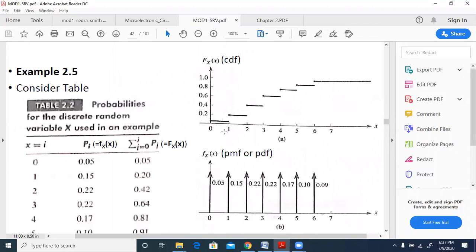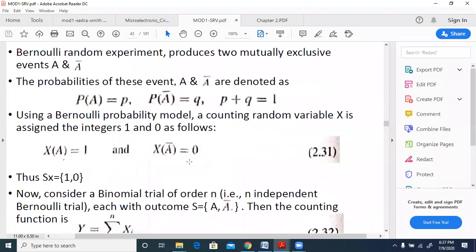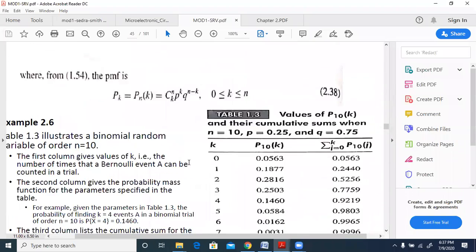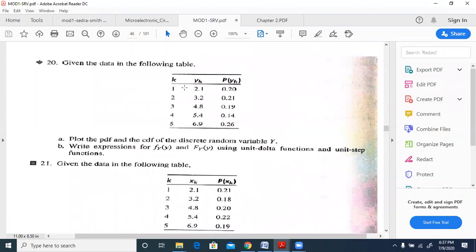Then it will be this type. The CDF will be this type. PDF will be of this type, but only at different values. Here you might have x equal to 0, 1, 2, 3, but there you might not have 0, 1, 2, 3. It will be at some other values, which might be yk equal to 2.1, 3.2, and all those things.